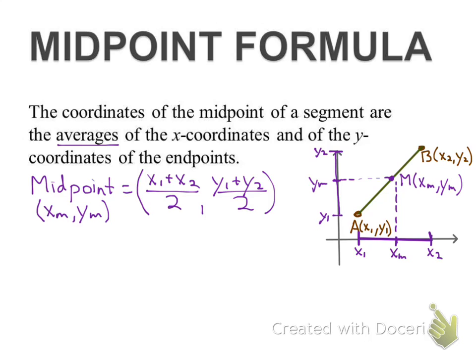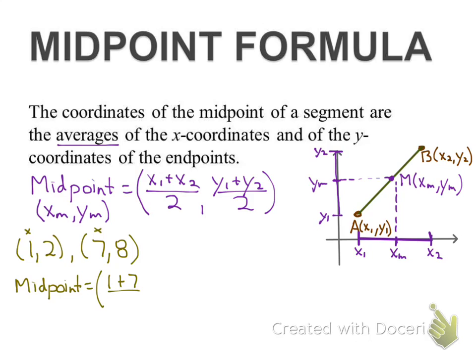Now let's try one out. Let's just pick some points here. How about 1, 2, and 7, 8? I have to first pay attention to my x values. My x values are 1 and 7, so my midpoint is going to be 1 plus 7 over 2, and then my y values, 2 plus 8 over 2.